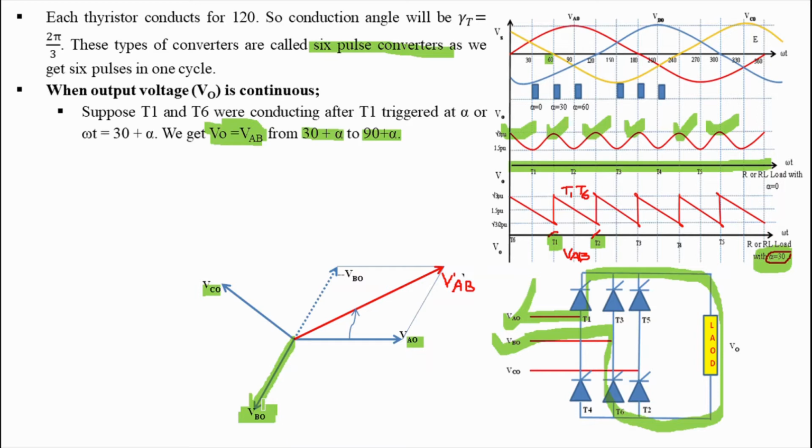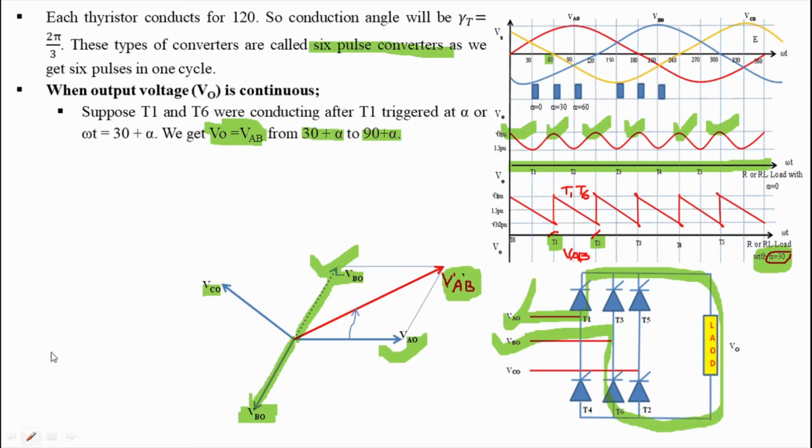It will be equal and opposite to this VB0. So this equal and opposite vector is called minus VB0. And what is VAB? VAB is the vector sum of VA0 and minus VB0. So this is VA0 and this is minus VB0. If we make the vector sum of these two, then we will get the vector for VAB. So this is the vector for VAB.